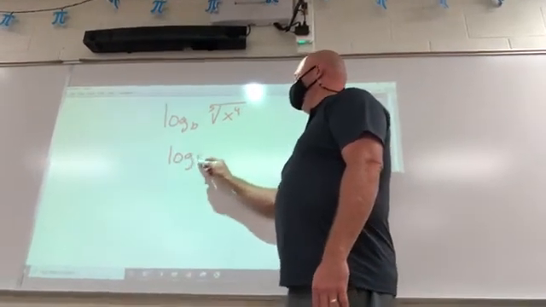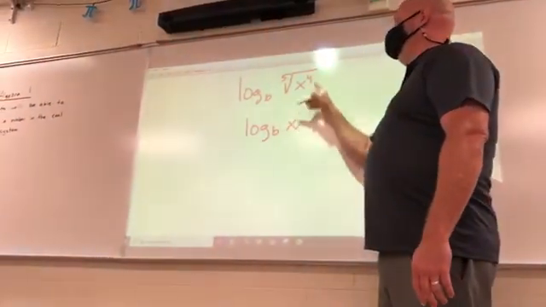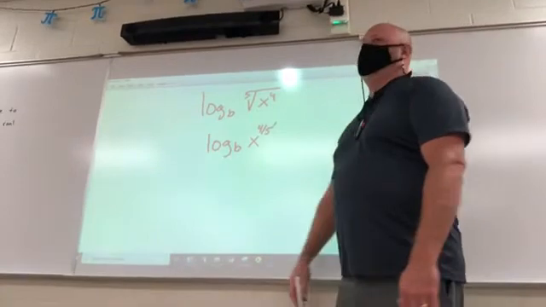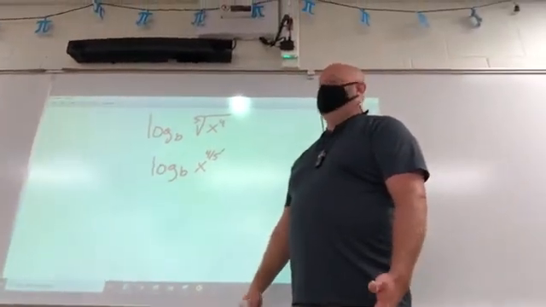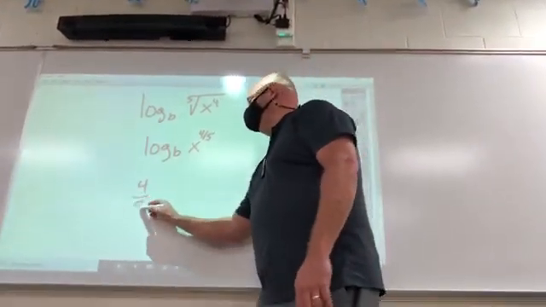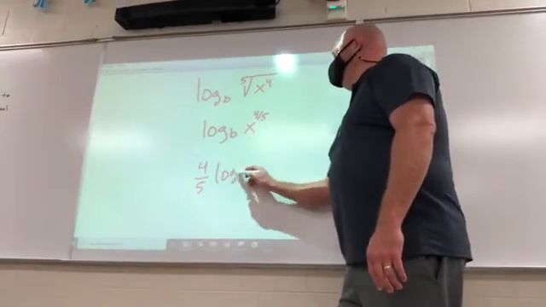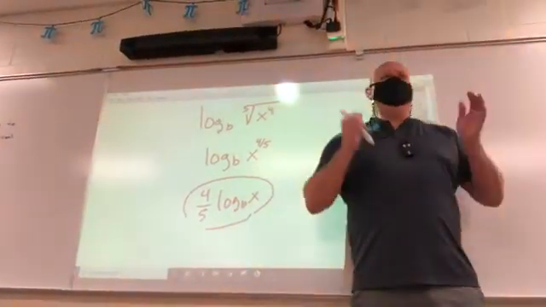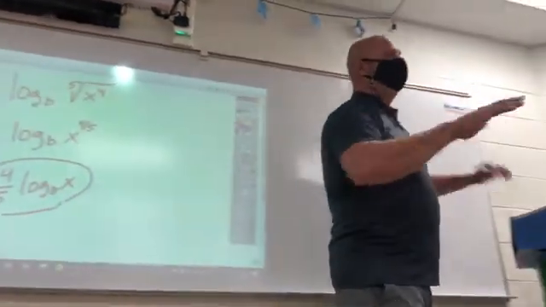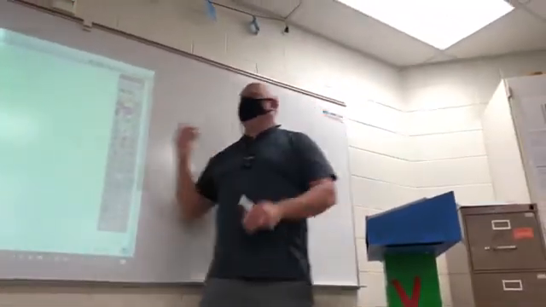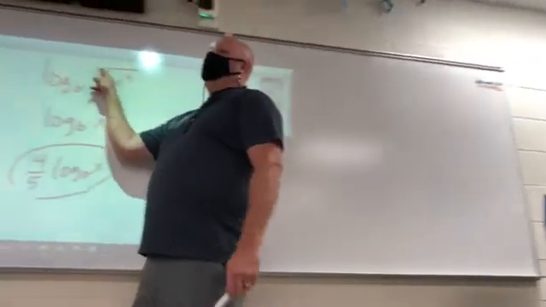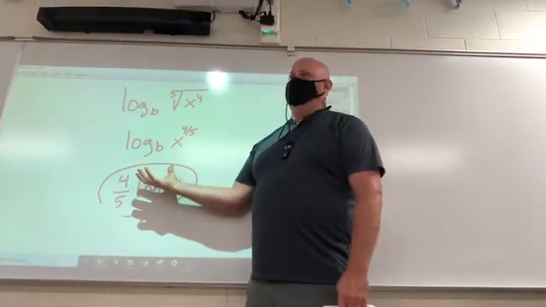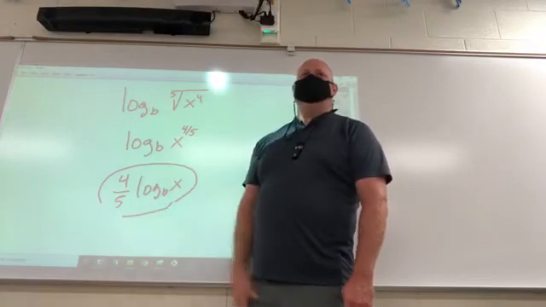Isn't that the same thing as log base b of x to the 4/5 power? You just put that 4/5 out in front. Write them as fractional exponents. Then use your properties. I think it's easier that way.